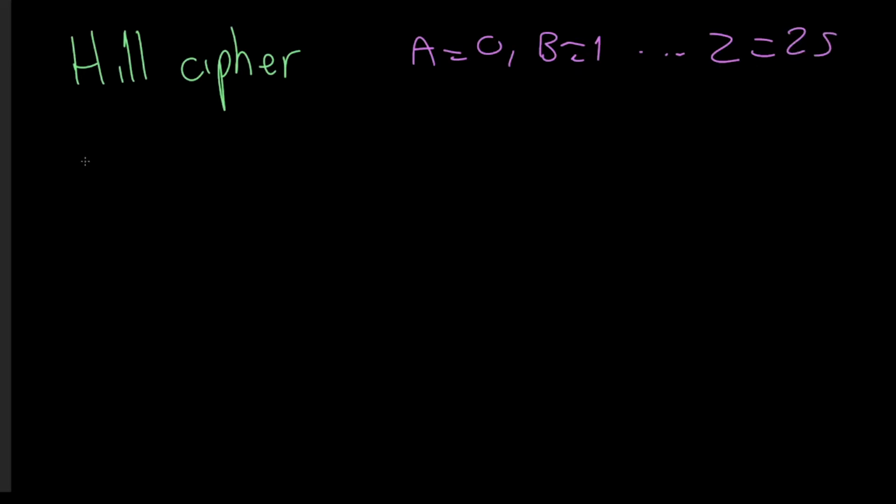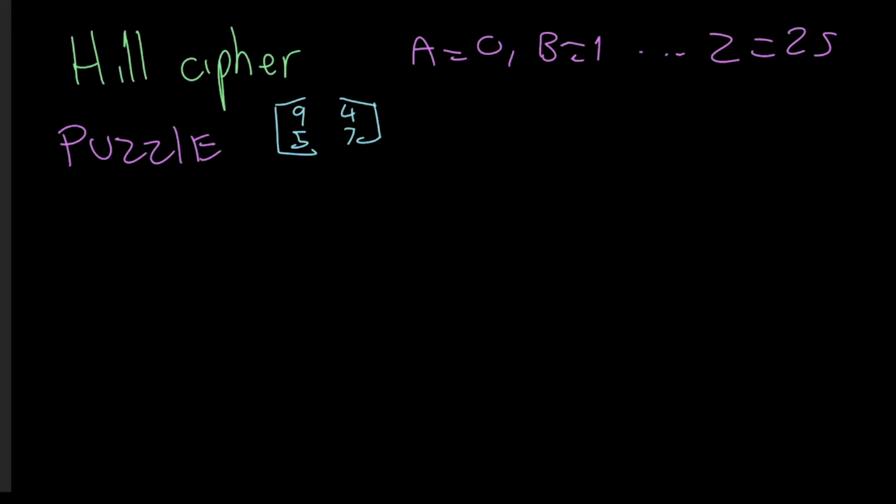So we need a plaintext to encrypt. Let's use the word puzzle. And we need a key. This is just a 2x2 matrix: 9, 5, 4, and 7. Hopefully you can read that.